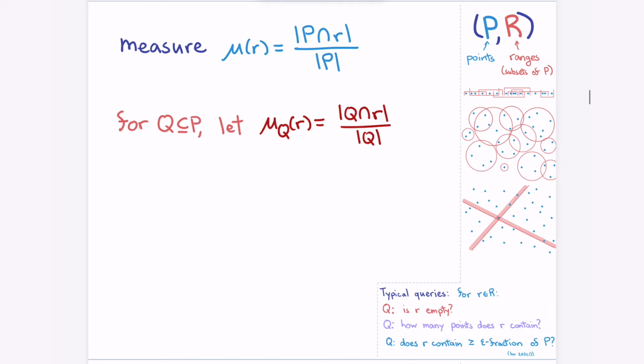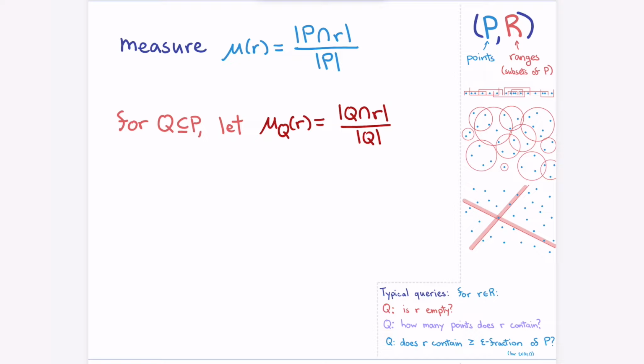Now, not to drown in formalities forever, but at some level we can also, besides counting points, talk about the percentage of points in the shape. If you want to be fancy, you can call it a measure. What fraction of the points? It's nothing but, for this range, how many points are in the range divided by the total number of points. Nothing special. Now, imagine I took a subset of points Q. That will induce another measure over all the ranges.